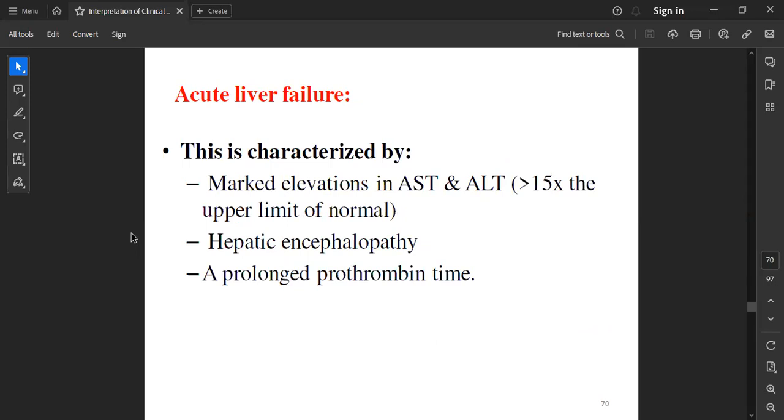Acute liver failure is marked by elevations in AST and ALT over 15 times the upper limit of normal, as well as hepatic encephalopathy and a prolonged prothrombin time, PT. You can already know why, we just talked about this in the previous session: the liver is the one that makes the clotting factors.